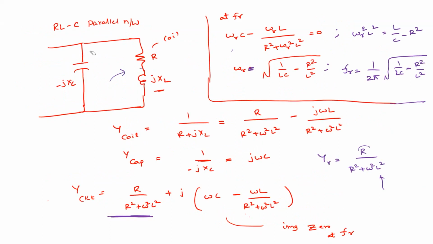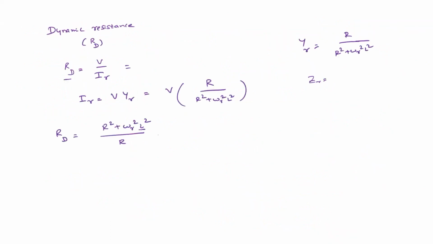Here the value depends on L also, and it depends on the resonant frequency also. Whereas in series resonance it depends on only R, so there is no omega term, no L term and no C term.